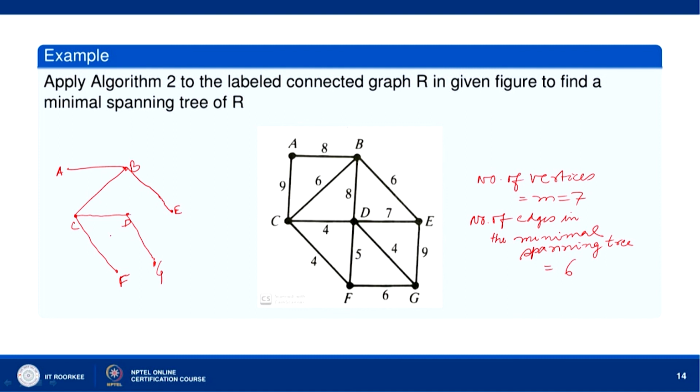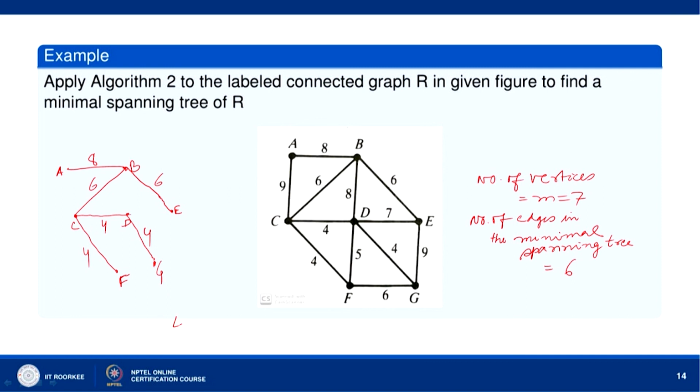We have got the minimal spanning tree and the length of this spanning tree is: AB is 8, then BC is 6, and then BE is 6, and DG is 4, and we have CF, which is 4, and we have CD, which is 4. So, 8 plus 6 is 14, 14 plus 6 is 20, 20 plus 4 is 24, plus 4 is 28, plus 4 is 32.